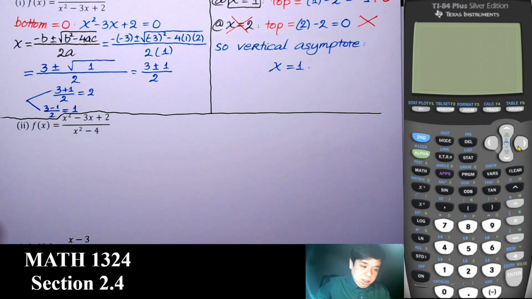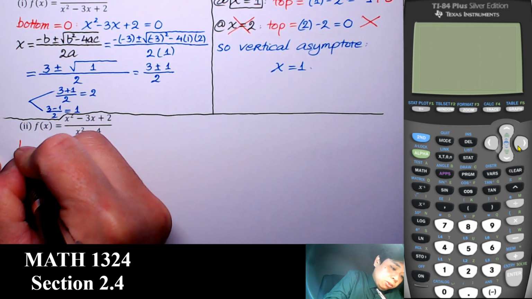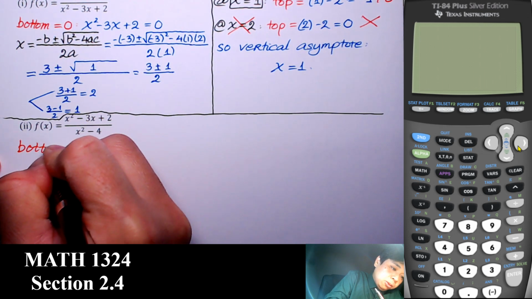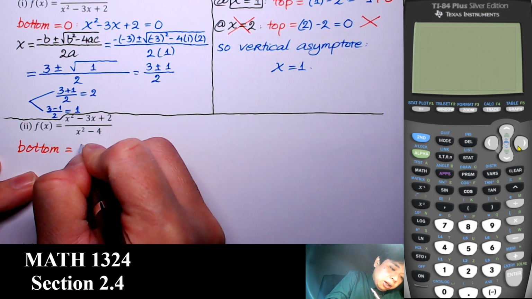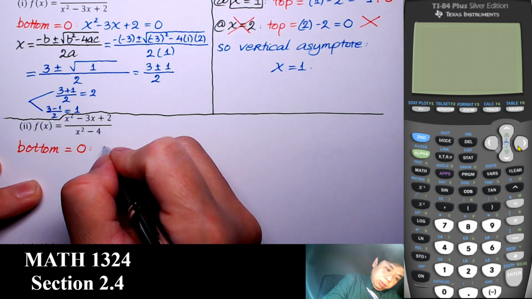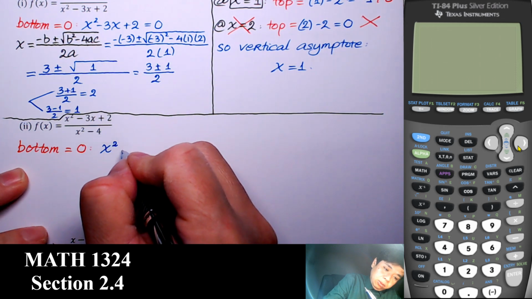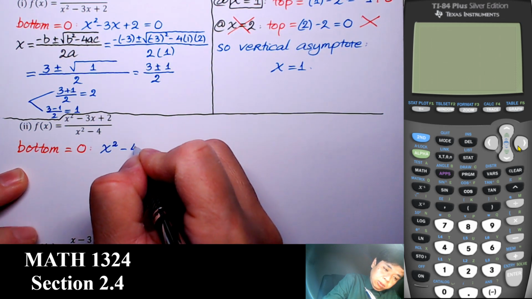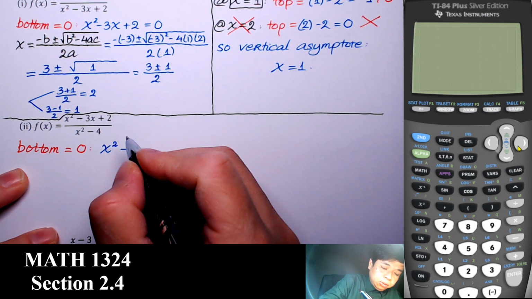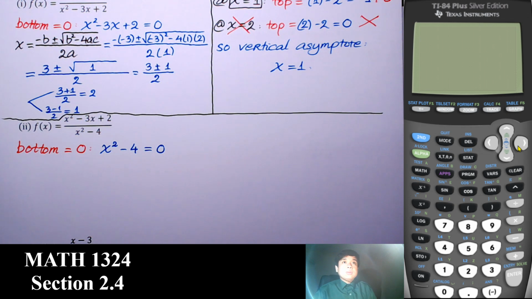Right, now for this one, what we do is again, we set the bottom equal to 0. Now just solve for it.